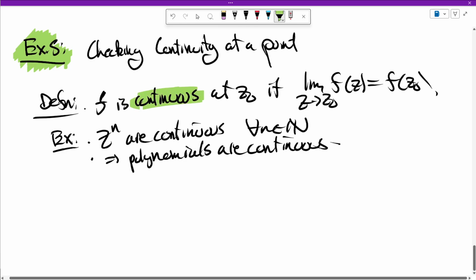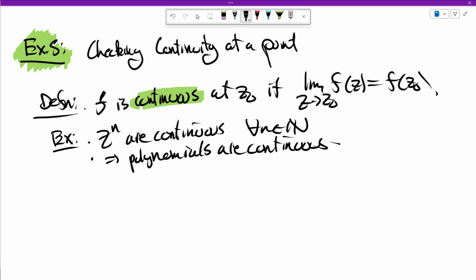And there is a criteria for checking, and the criteria is kind of silly in your book. It's just unraveling what this means. So let's unravel it real quick.